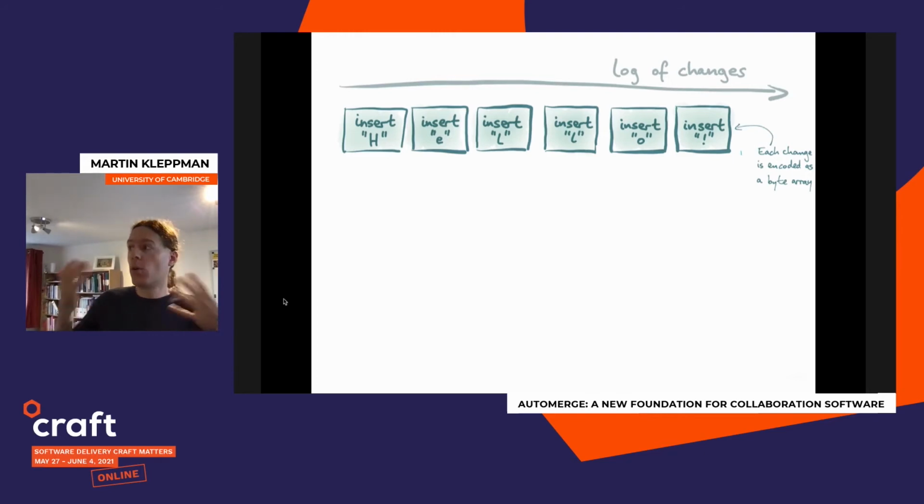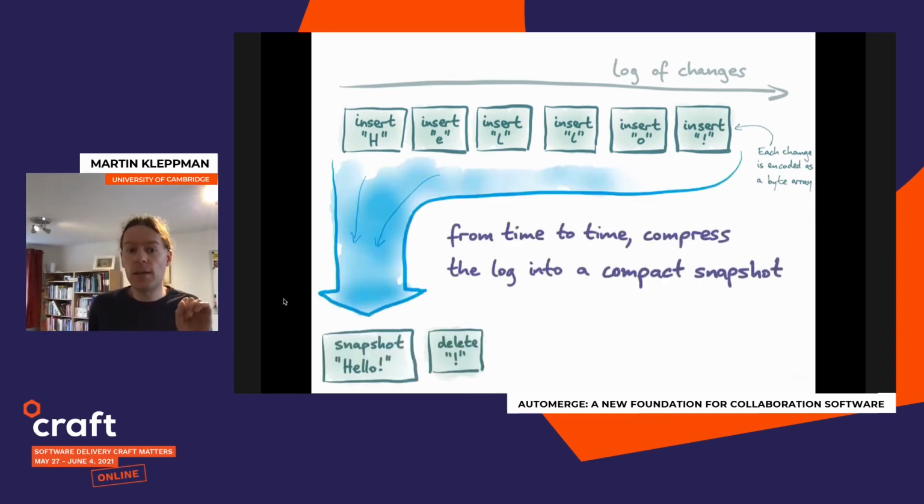And so what we also have is a kind of compaction mechanism, which still keeps all of the editing history, but it takes all of that down and compresses it into a small, compact representation of the document. Think of it like a snapshot, almost. And so we can just do this periodically.